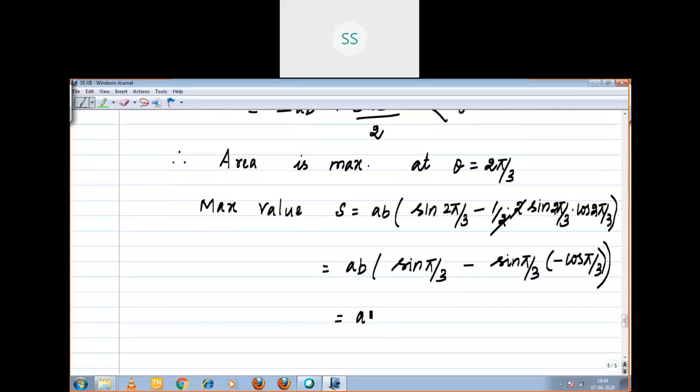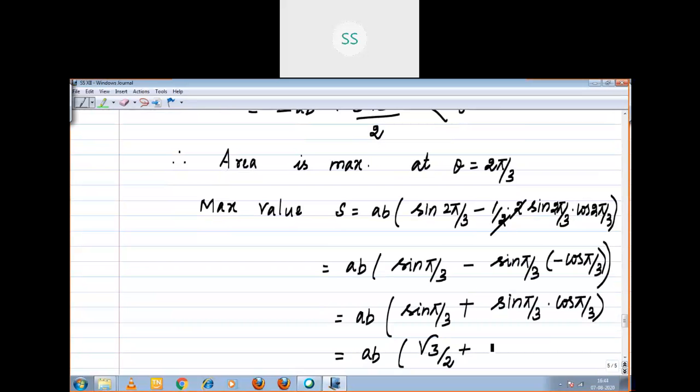So AB into sine pi by 3 minus into minus, plus sine pi by 3 into cos pi by 3. Now you give the values: AB root 3 by 2 plus root 3 by 2 into 1 by 2. 60 degree value you are substituting here. Right, children?